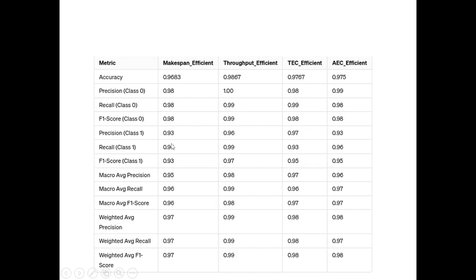As you can see, these all are pretty high and give a good indication that our prediction, and the fact that we have used TEC and AEC as parameters to judge the most efficient algorithm, has not in any way disrupted the traditional trend of makespan or throughput.